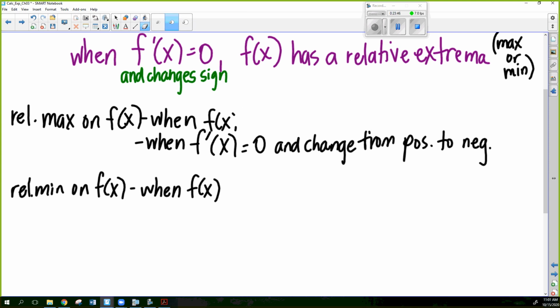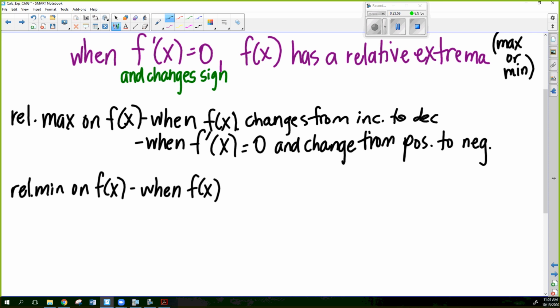Because when I look at the graph and it goes down and then up, I have a minimum, right?